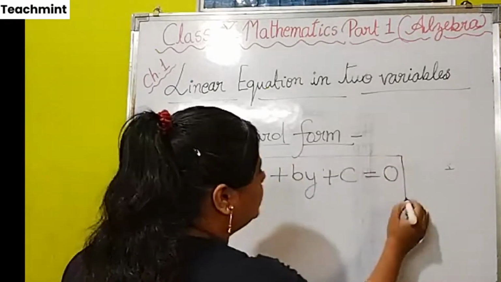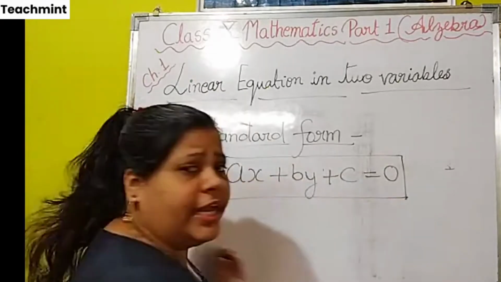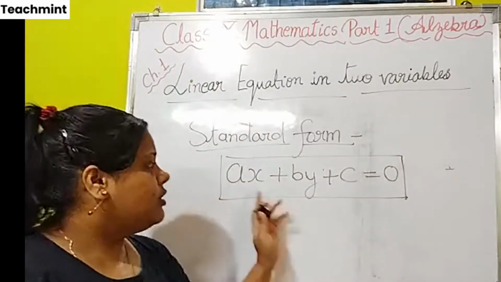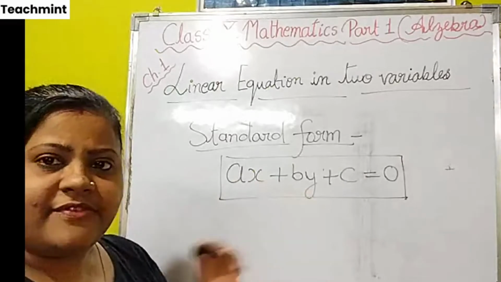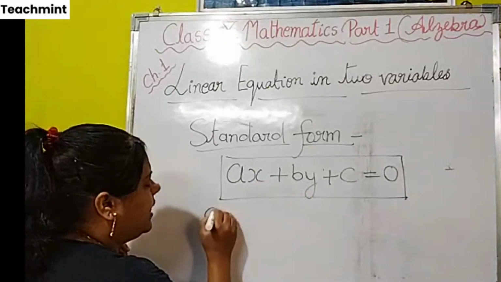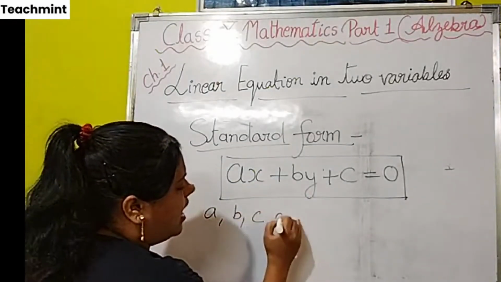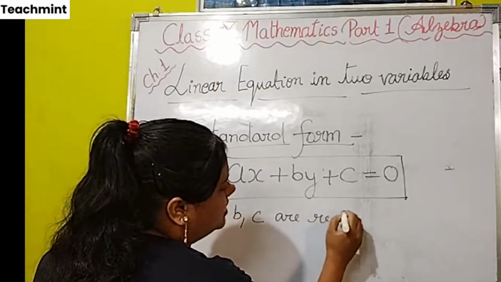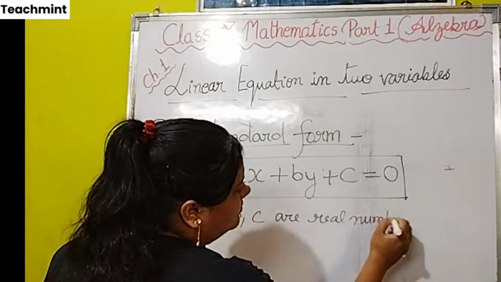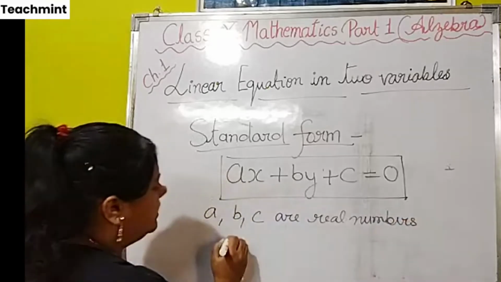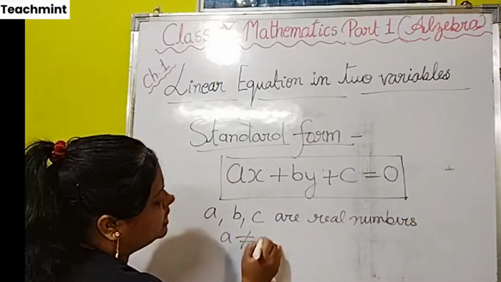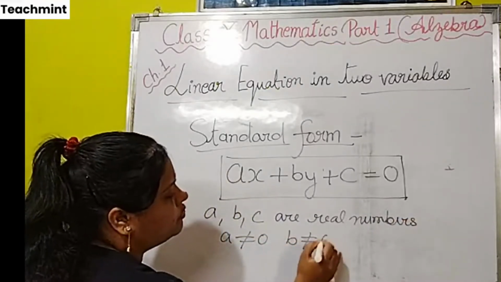Here x and y are the variables, but a, b, c are real numbers, and a does not equal 0, b does not equal 0.